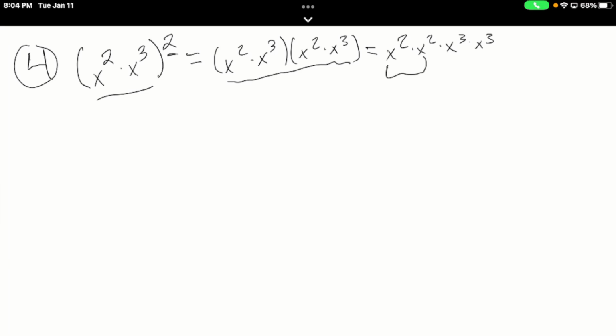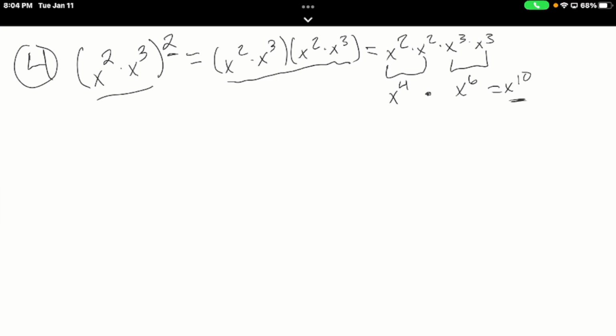I can combine these two and these two together. X squared times x squared from the first property gives us x to the fourth. We're adding those together. X to the third times x to the third gives us x to the sixth. I'm adding those together. If I'm multiplying these out, hey, I notice that this is x to the 10th.